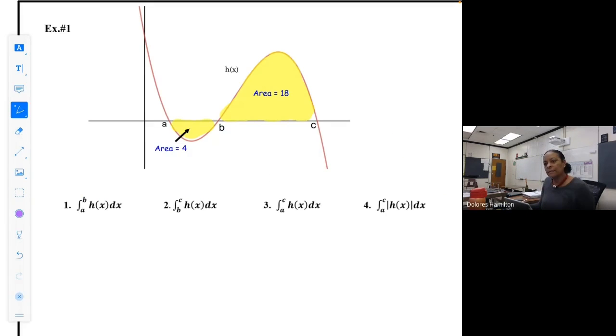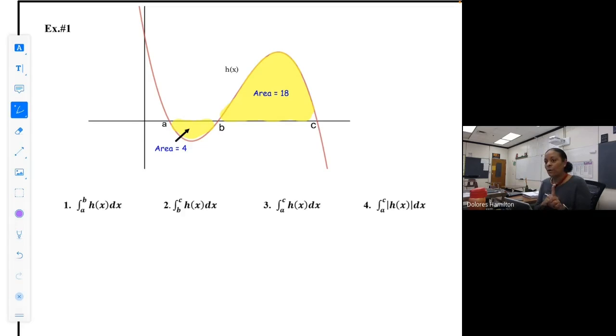Let's have a look at this example. Here we have our definite integral, and this is our h of x, and we are given what those areas are for these specific intervals. So if we look at question 1, and they're asking us, what's the definite integral from a to b of h of x? I know that that area is 4.